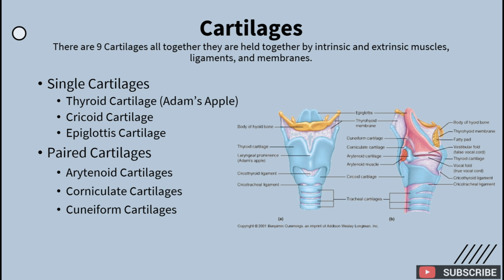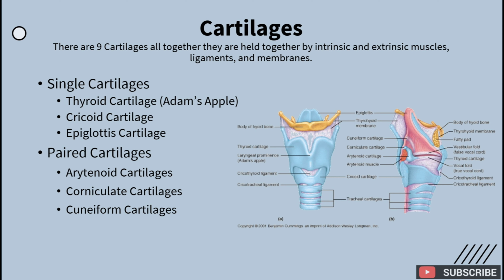Alright, now we're going to talk about the cartilages. There are 9 cartilages altogether that are held together by intrinsic and extrinsic muscles, ligaments, and membranes. Here we're going to be discussing the single cartilages, which are your thyroid cartilage, your cricoid cartilage, and your epiglottis cartilage, and then you also have paired cartilages, such as your arytenoid cartilage, your corniculate cartilage, and your cuneiform cartilages.